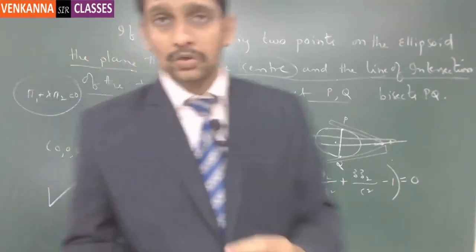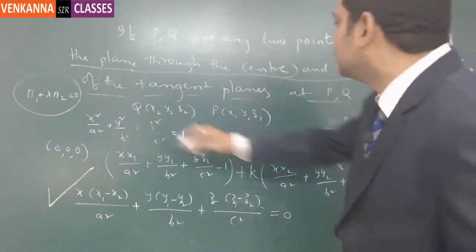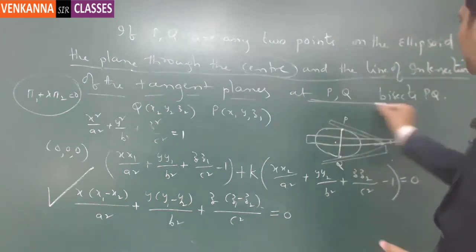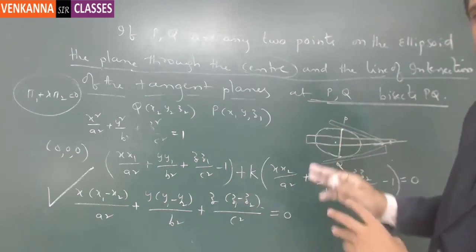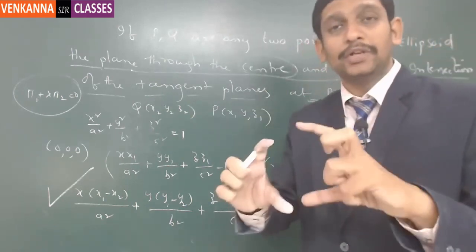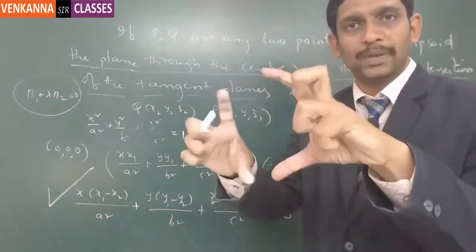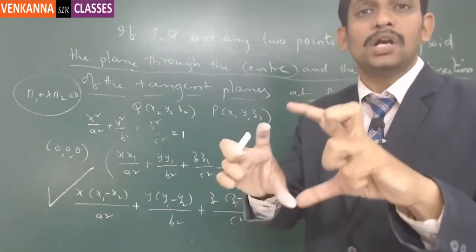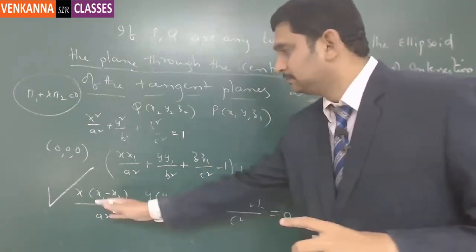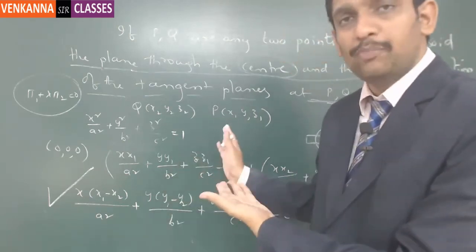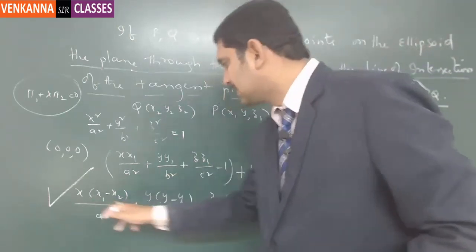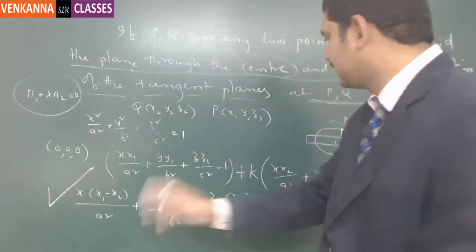Now what I need to do, I have to show that this plane bisects PQ. As we discussed earlier, if you take the midpoint of PQ, the midpoint of PQ lies on it. In other words, if you substitute the midpoint of PQ in place of x, y, z, you should get 0.